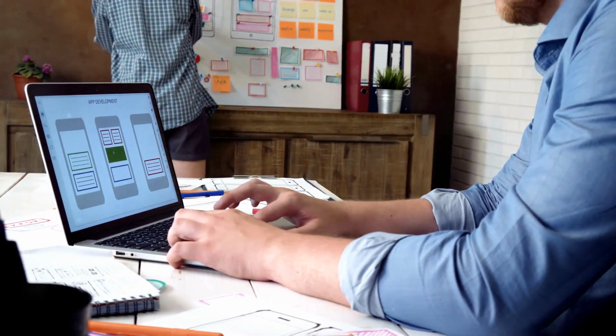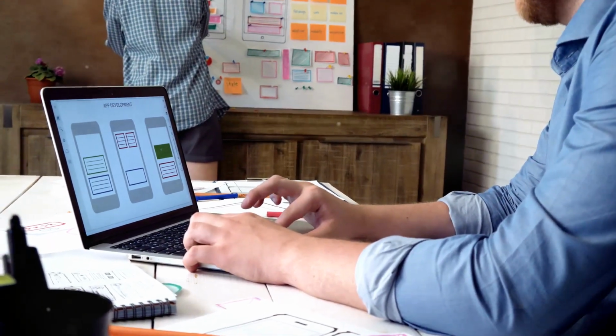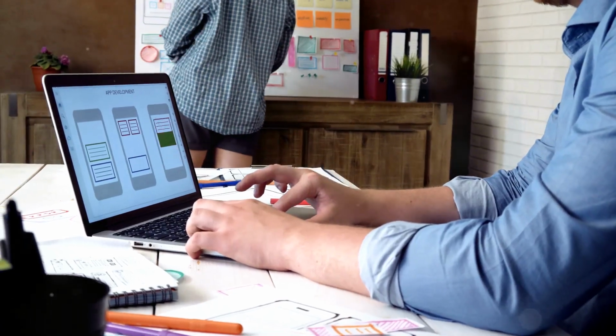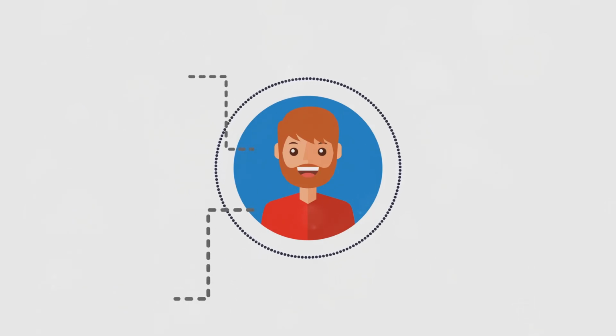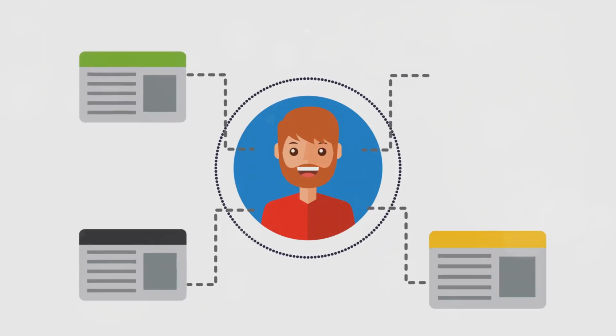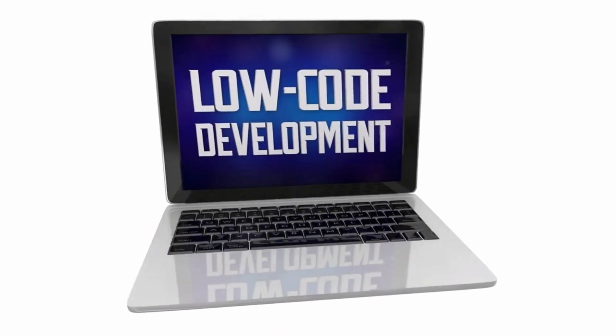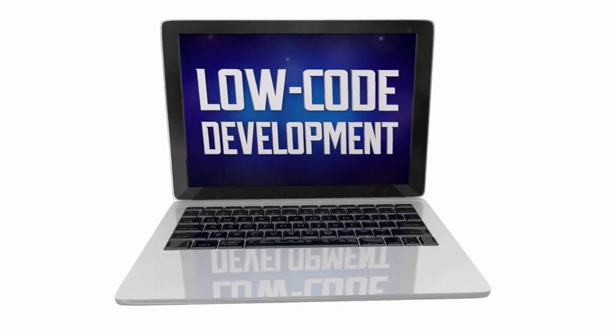Bubble, for example, is one of the most popular platforms for those who want to create functional web apps without writing a line of code. Think of it as a visual design platform where you drag and drop elements to build the interface, and the logic behind the app is handled without a single line of code.